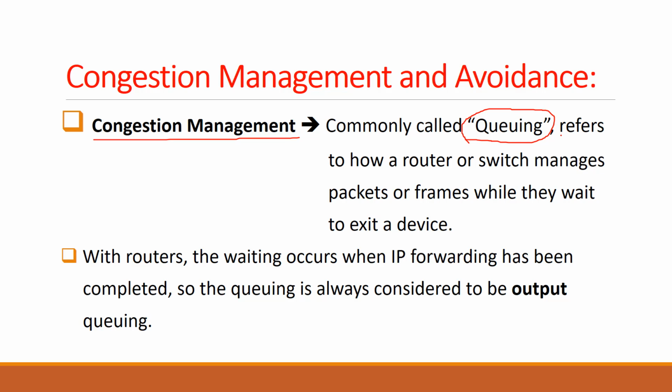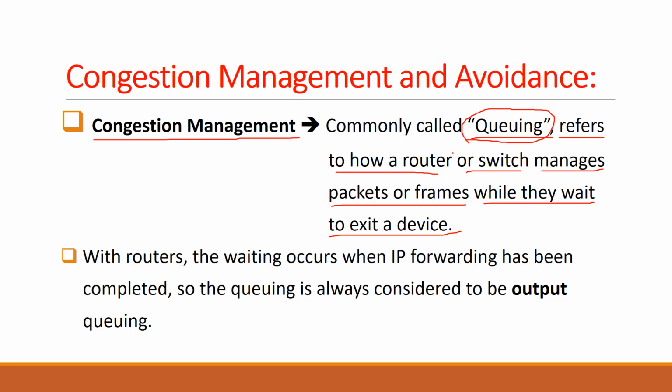It refers to how a router or switch manages packets or frames while they wait to exit a device. When a router receives some packets and these packets wait to exit an interface, the term queuing comes into place.